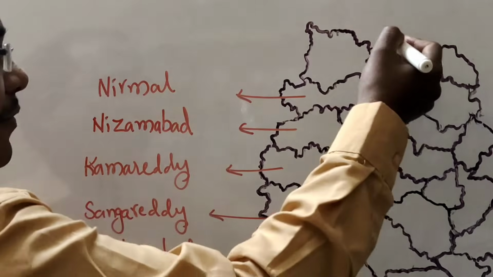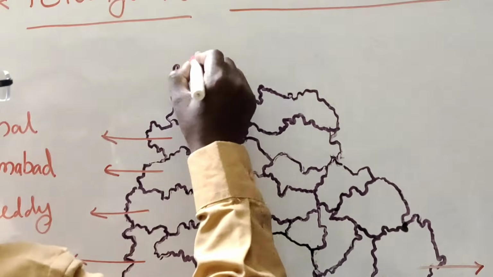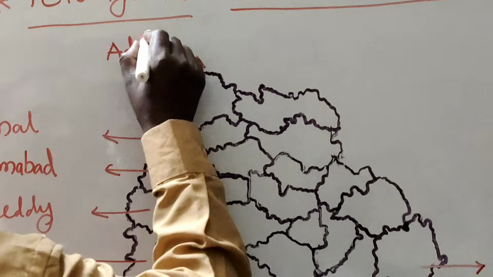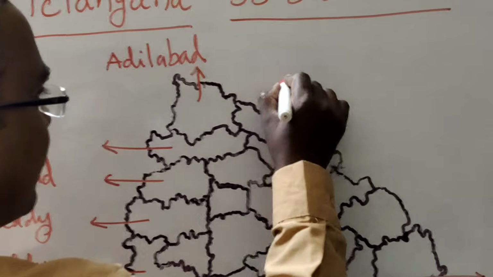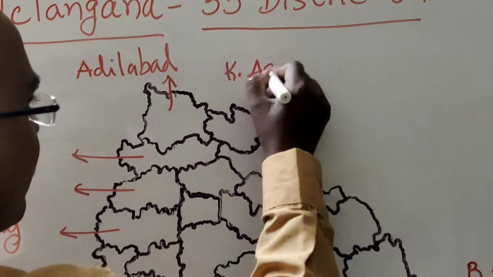And at the top of our map are two districts. This is Adilabad and this one is Komrambim Asifabad.